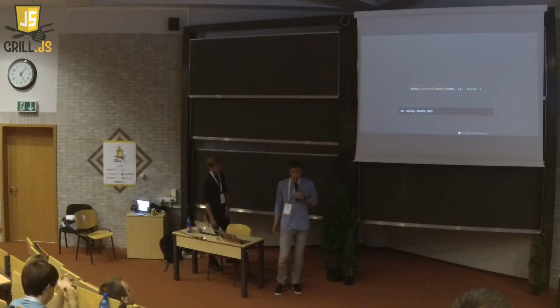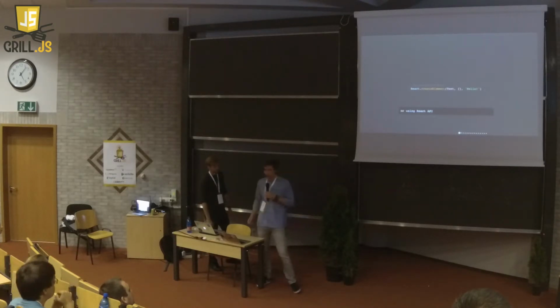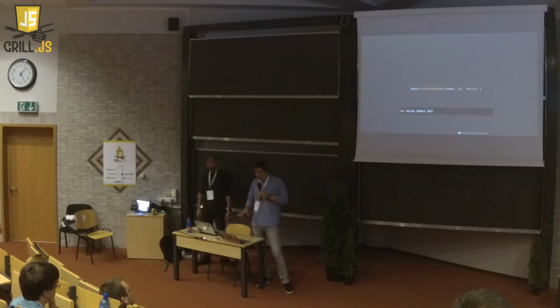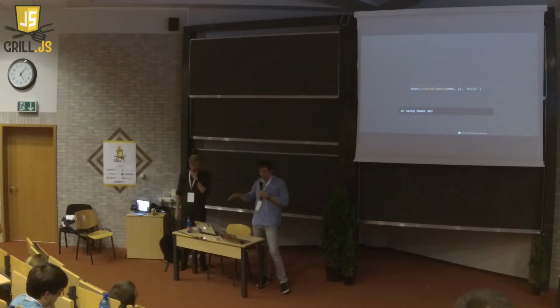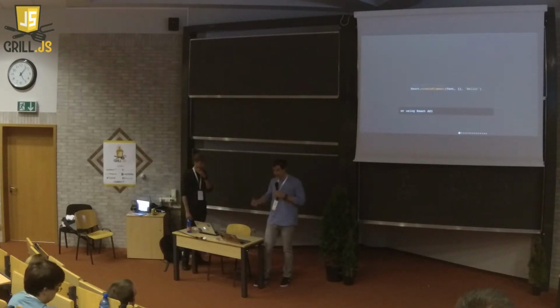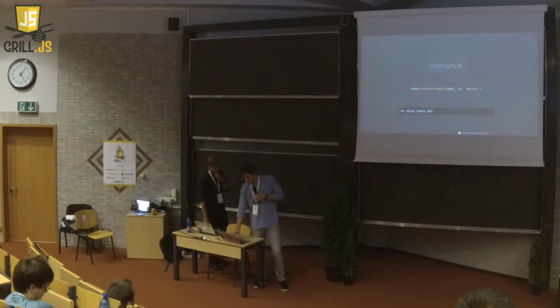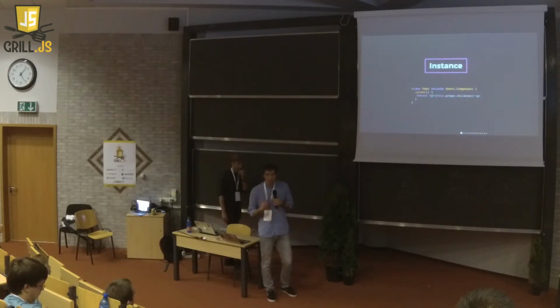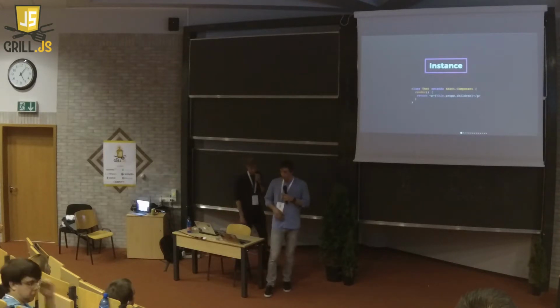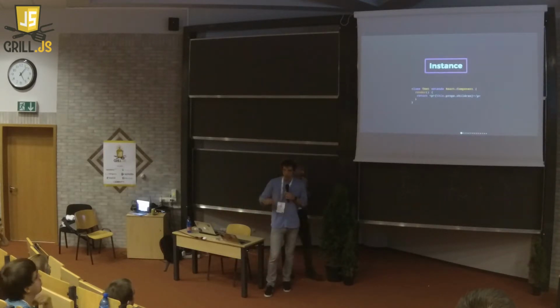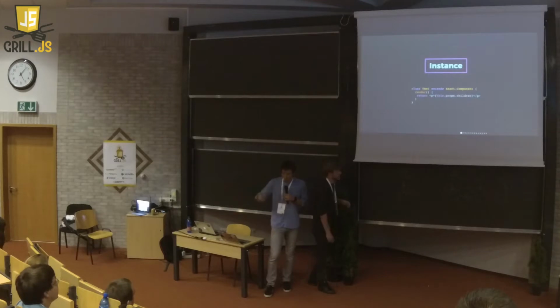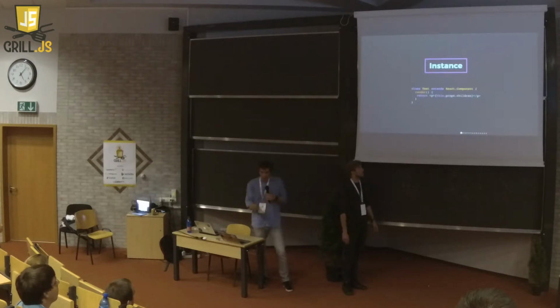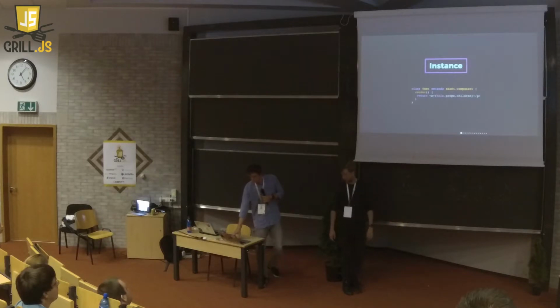What is an element? An element is just a plain object which describes a component instance and its properties. What's an instance? For example, we have state and props in our component. Instance is what this refers to, so our instance of the component, the current state of the component.